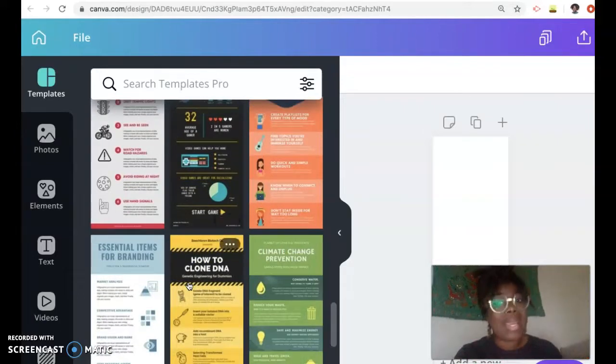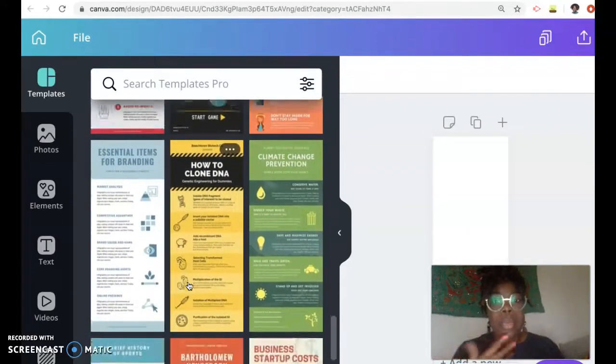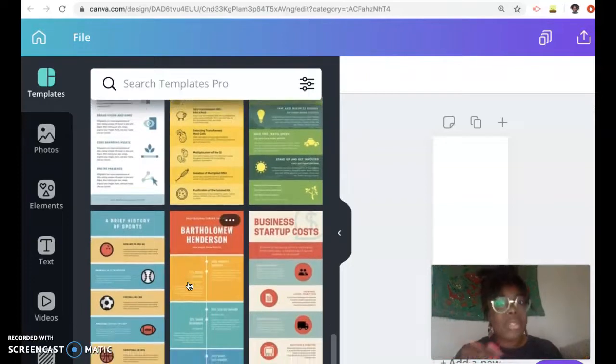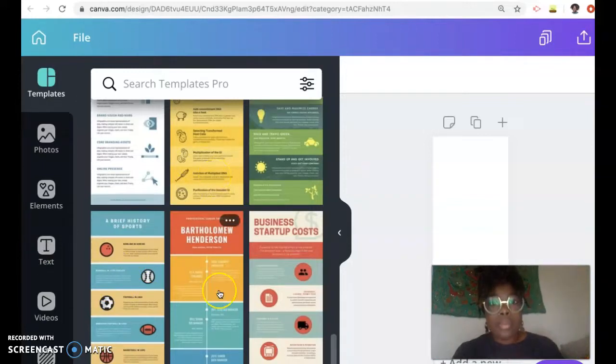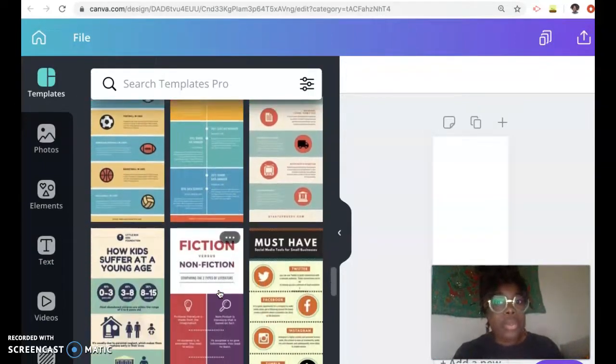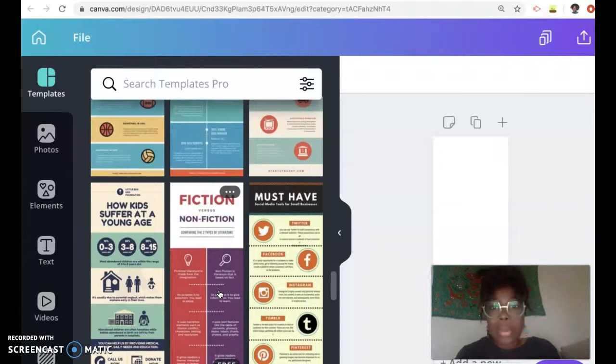Please make sure that it has a purpose, but you want it to catch the reader's attention, make the reader want to say, let me check this infographic out. As you may see as I'm scrolling through, you don't have too many words on an infographic. You don't want to take away from the actual graphs with too many words. You want to be clear and concise in what you're writing.